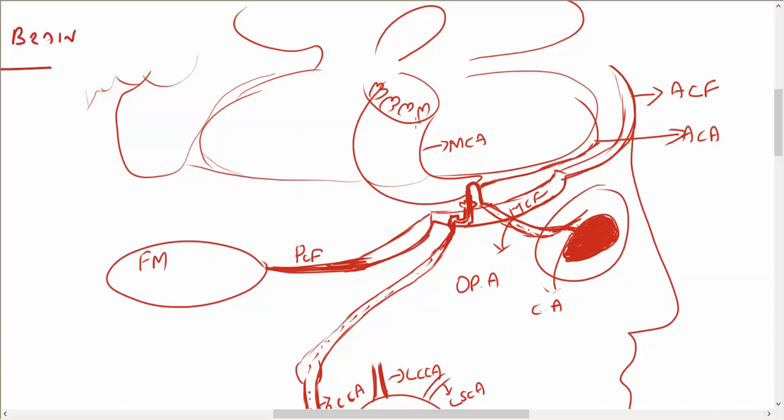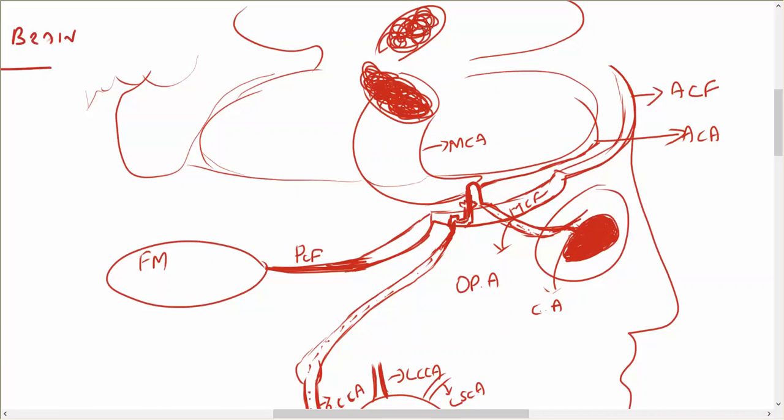For example, when there is a severe form of hypertension, the hypertension will reflect in this major vessel, and the choroidal artery gets ruptured. They produce massive bleeding in the ventricle. They suddenly raise the intracranial pressure, and the patient gets a severe throbbing headache and collapses. Okay, these are the things that can happen in a severe form of hypertension.